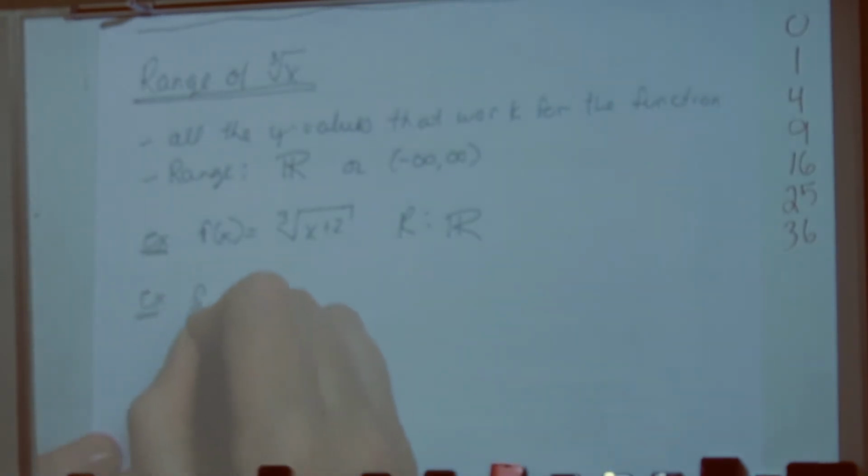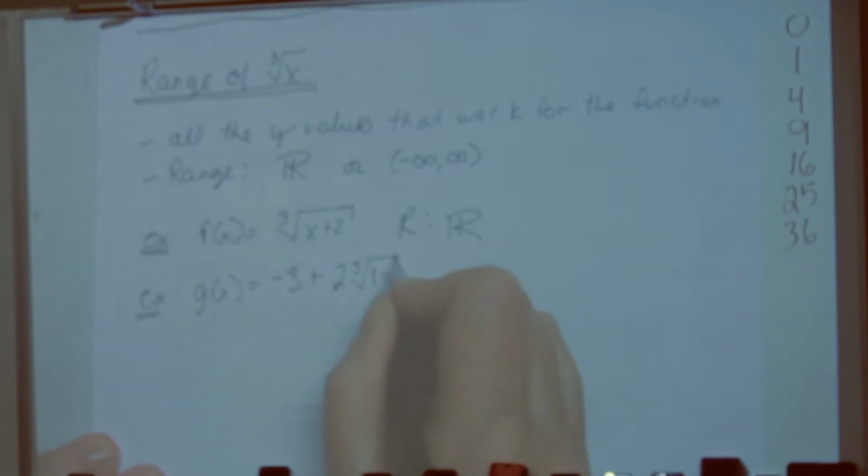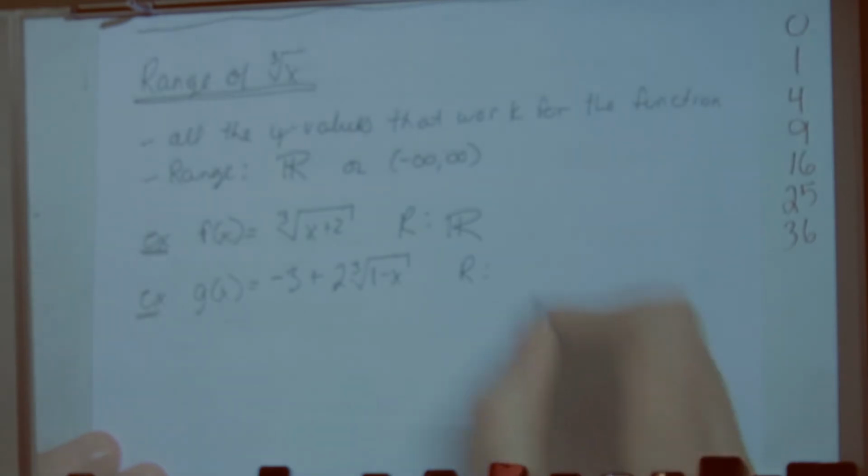If I give you g of x is equal to negative 3 plus 2 times the cube root of 1 minus x, what is my range going to be? All real numbers. Still the same. If I can use any x, I can use any y.